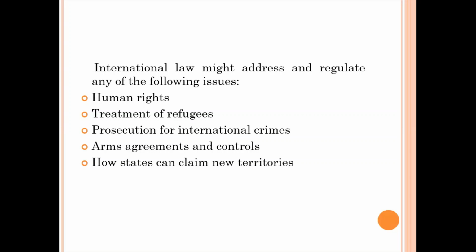Suppose a person is a citizen of India and commits a crime in India, and after committing that crime, he goes to a foreign country. Then our laws according to India will not be imposed in that particular country. So there should be a mechanism to handle these kinds of situations. These are our international laws.